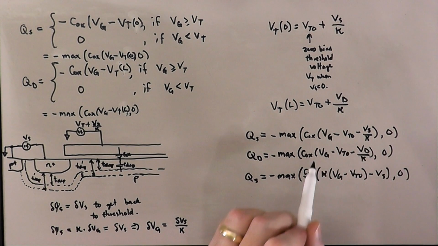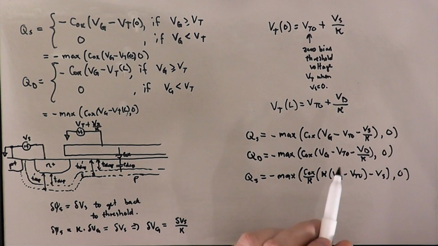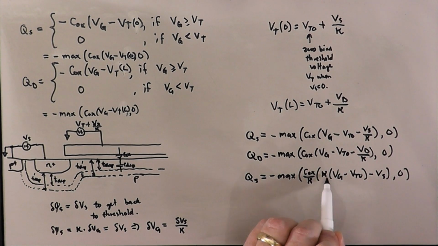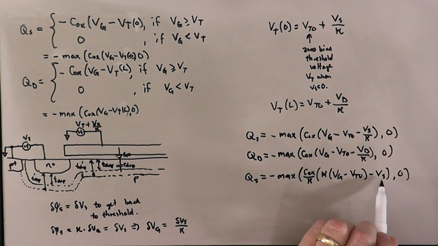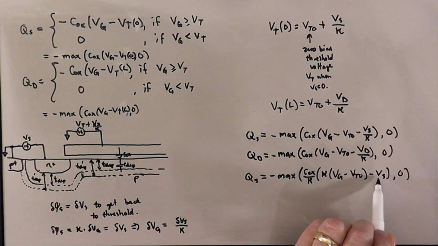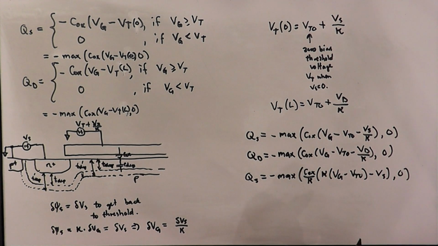We can do the same thing for the drain, but this is really just to get a kappa times Vg in here and no kappa on the Vs, because that is more similar to our weak inversion model.